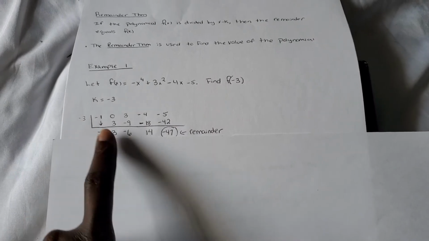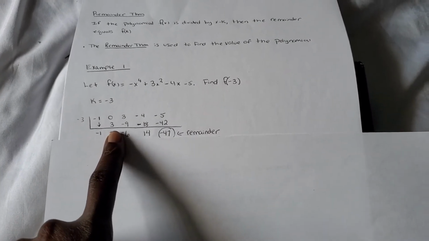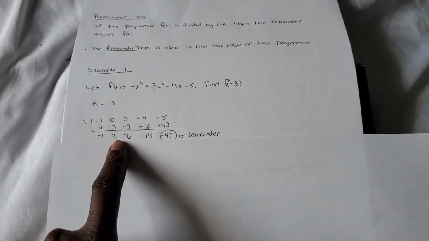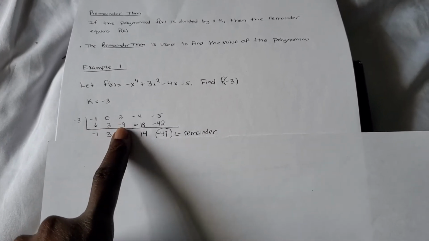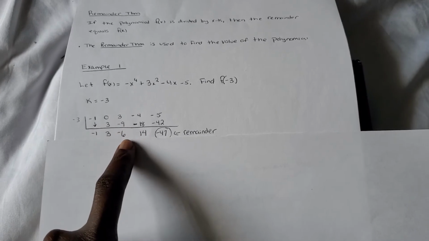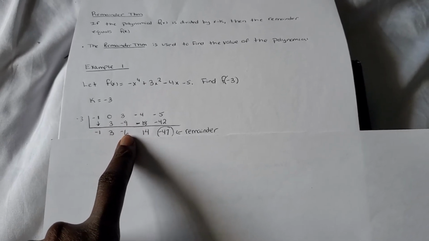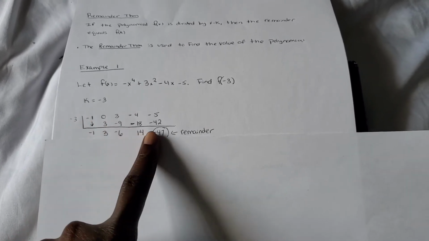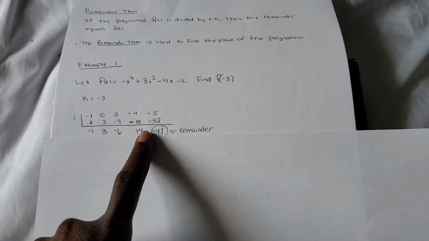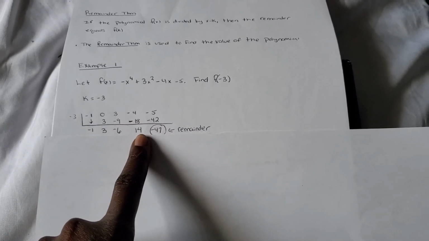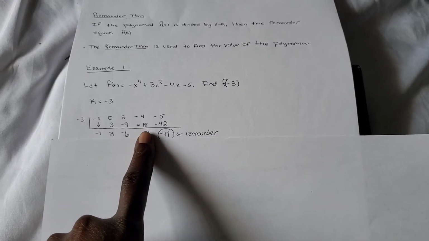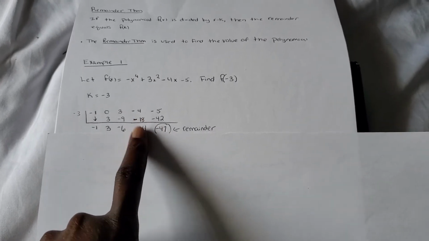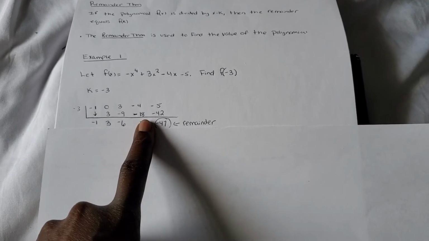We multiply negative 3 times negative 1. We get 3. We add 0 plus 3. We get 3. 3 times negative 3 gives you 9 here. 3 minus 9, you get negative 6. Negative 6 times negative 3, you get positive 18.